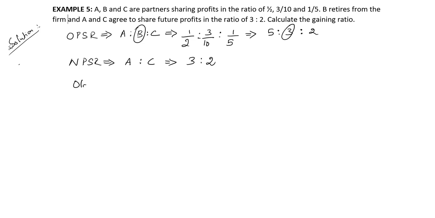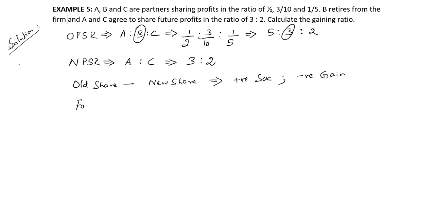Let's apply the formula: old share minus the new share. A positive figure will imply sacrifice, whereas a negative figure will imply gain.